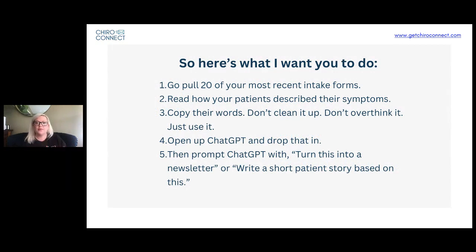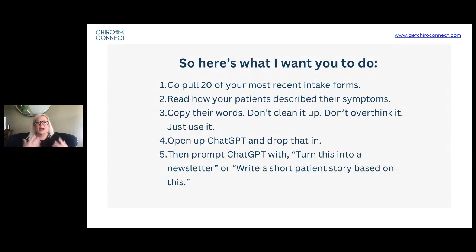Read about how your patients described their symptoms and take those words exactly. Don't alter them, don't clean them up. I want you to literally just copy and paste that into a spreadsheet, and then open up ChatGPT, drop that in, and give that list to ChatGPT.